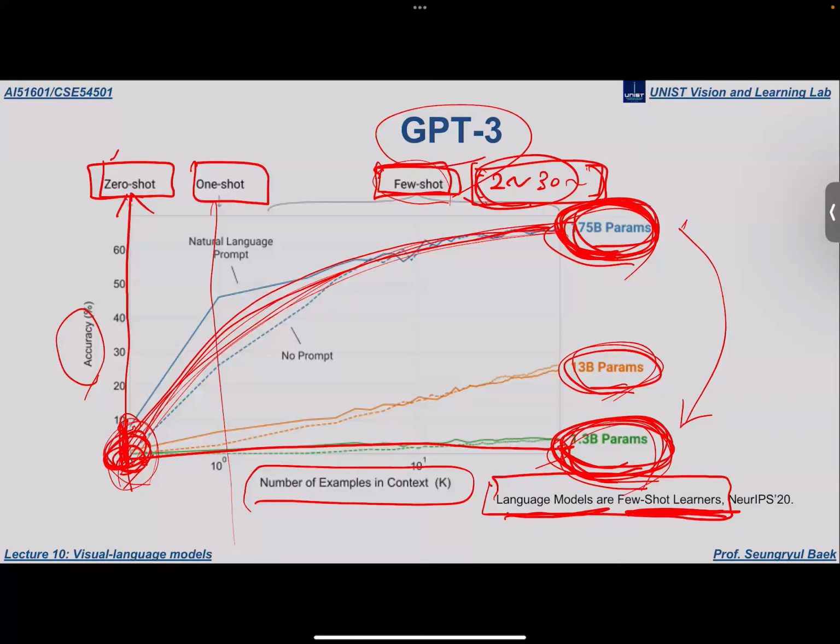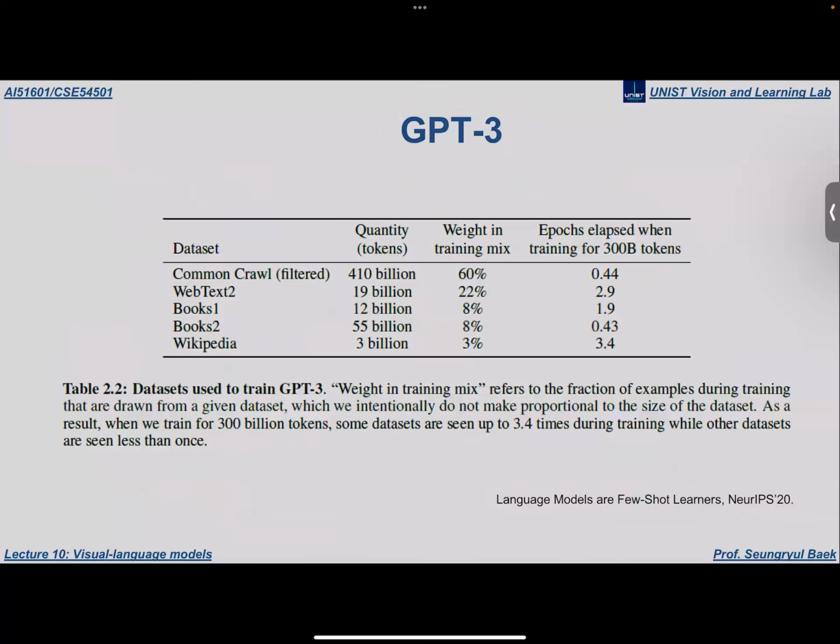But when given just 1 training sample for the new task, the performance is already very different, okay? And given more data, the performance differs according to their parameters, okay? So by increasing the data, the parameters, and the architecture size, language models become few-shot learners, okay? That's the important lesson from GPT-3, okay?